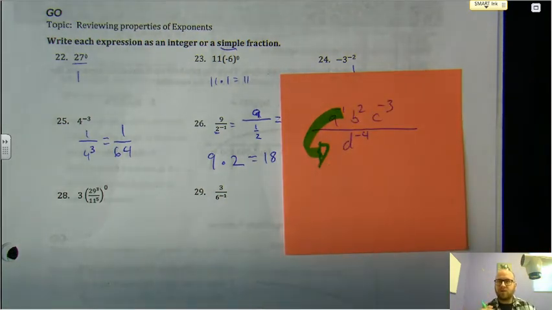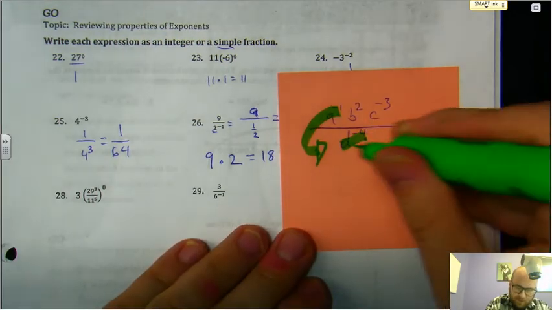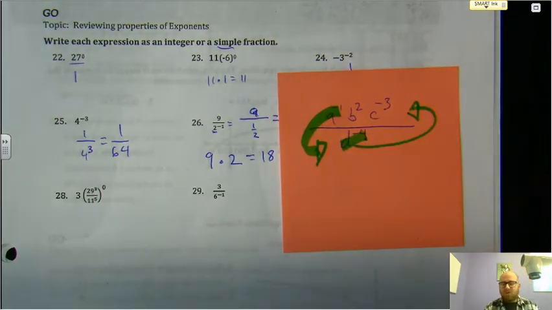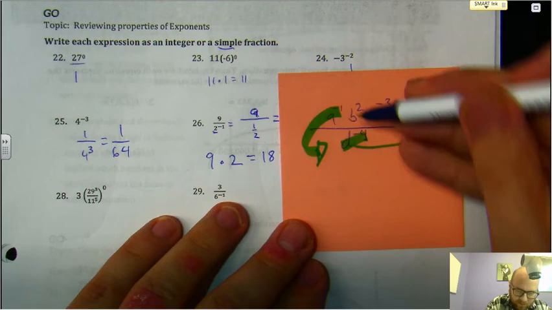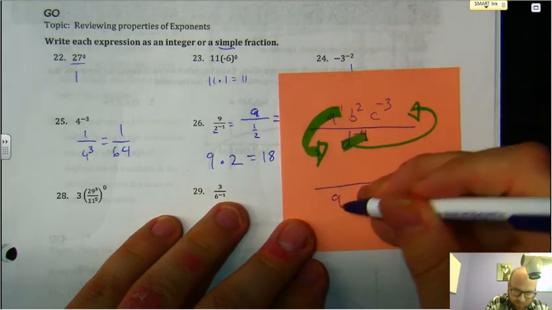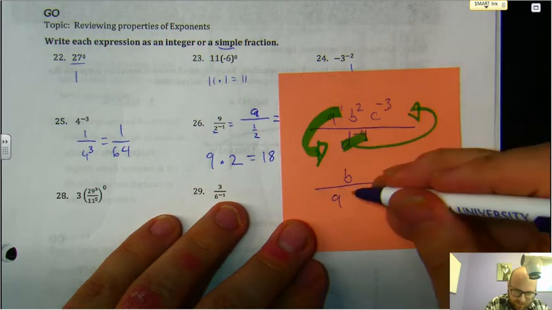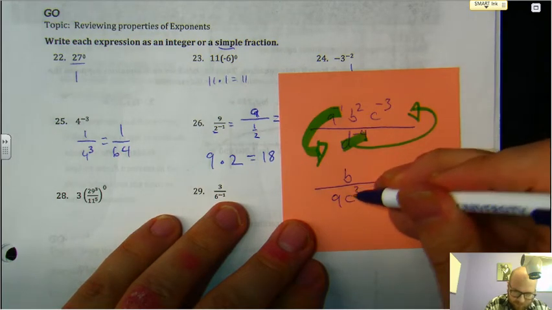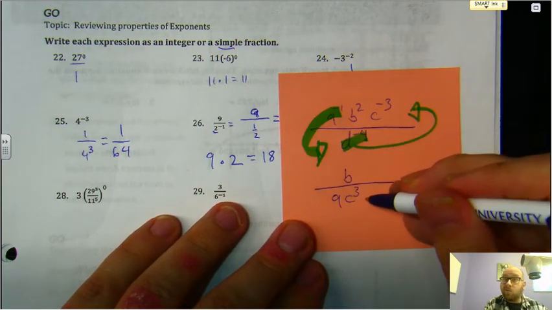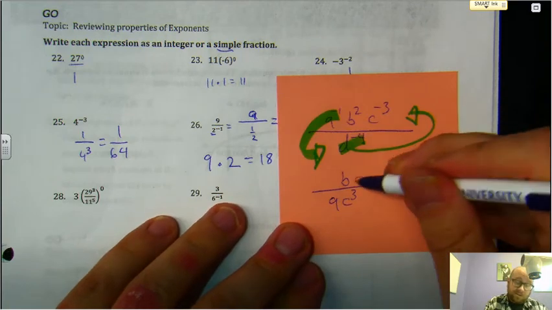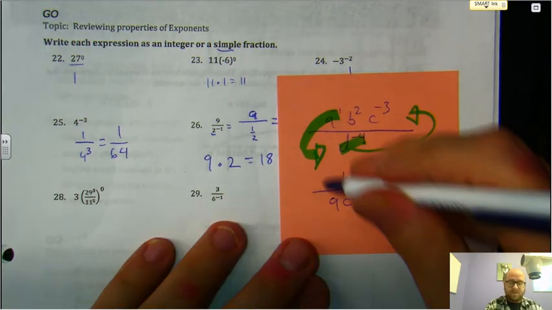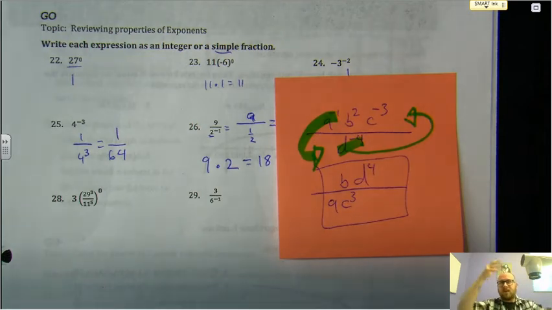If it's in the numerator, it goes in the denominator. If it's in the denominator, it goes into the numerator. So a to the negative 1 means it goes down. b squared is going to stay above. c to the negative 3 is going to go down, c cubed. d to the negative 4, well, it was down, so now it's going to come up, d to the 4th. That's kind of how I think about those. The negative tells me that it's going to dance to the other side of the fraction.